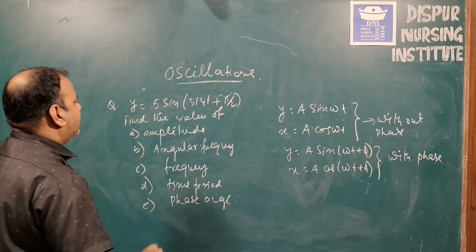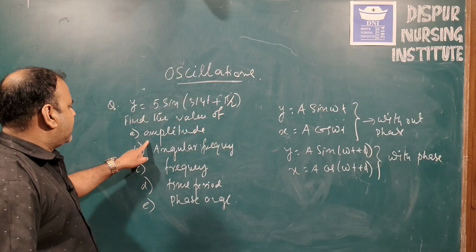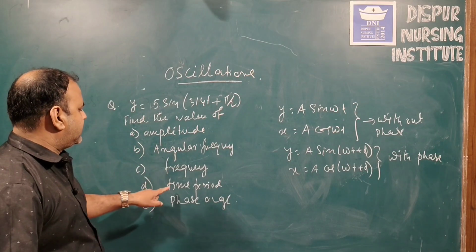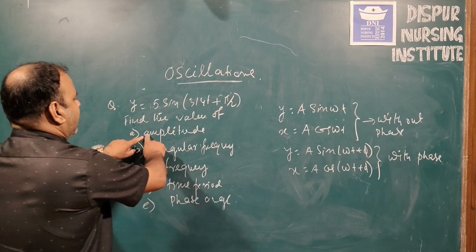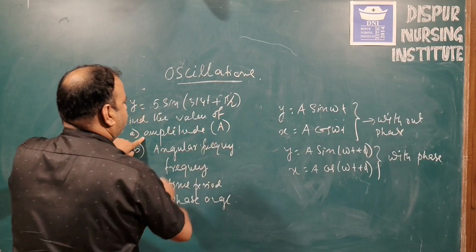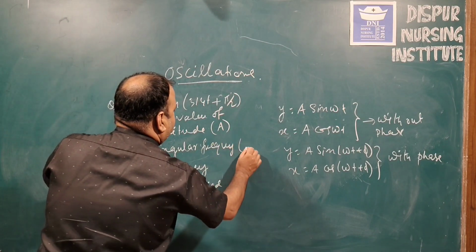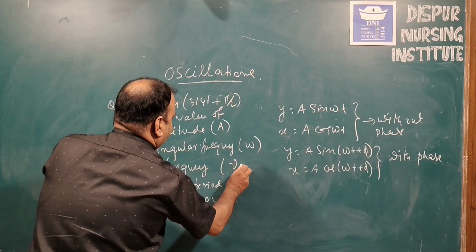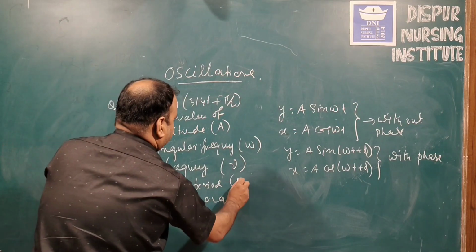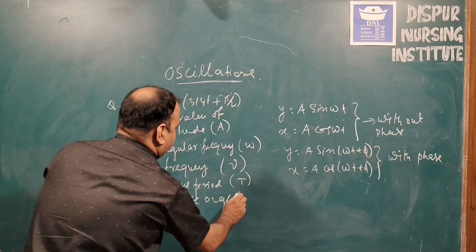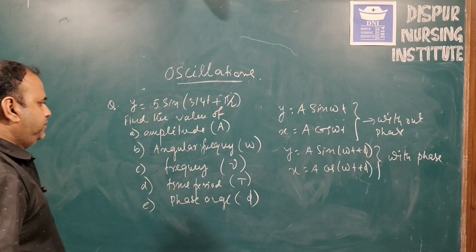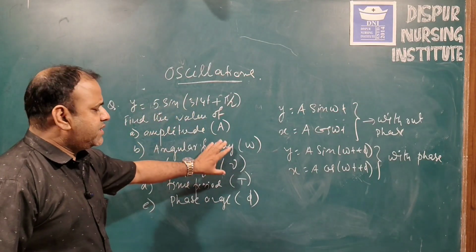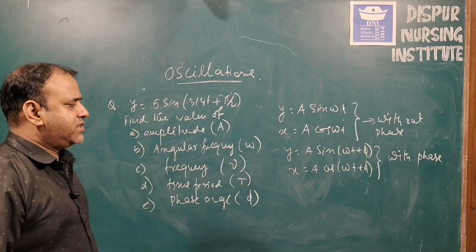So how can we calculate these terms? That means we have to calculate the value of a for amplitude, omega for angular frequency, nu for frequency, T for time period, and phi for phase angle. These quantities we have to calculate from the given relation.